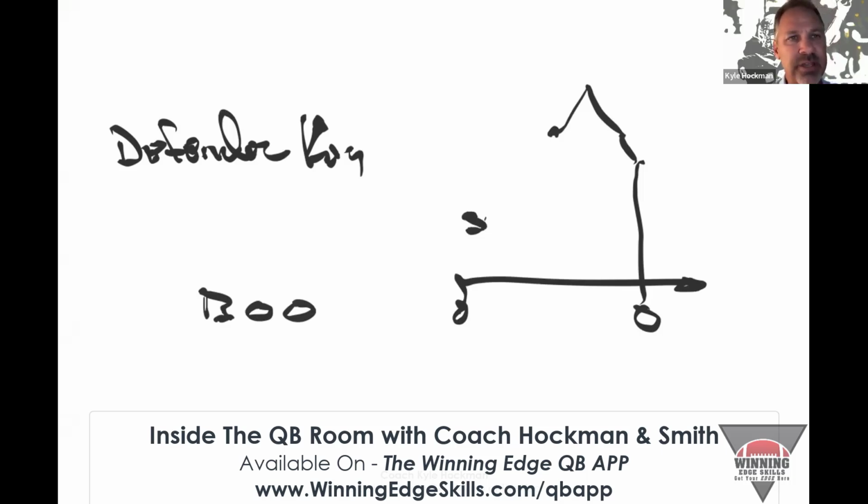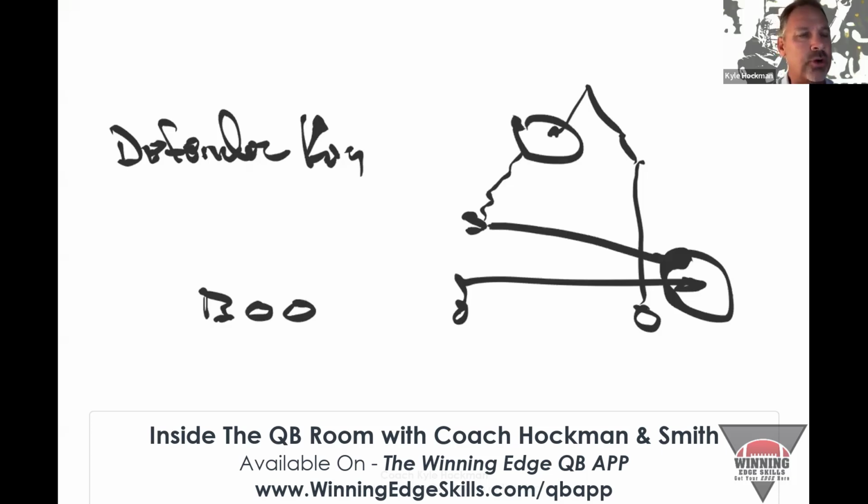If he backs up and takes the curl, we're going to throw the ball to the flat. If he runs with the flat, we're going to throw the ball to the curl. Simple defender keys. A lot of people are doing this in a lot of ways. In some form or fashion, you're going to do this on most throws.